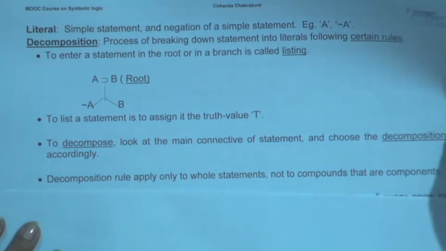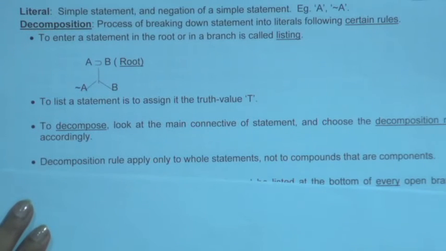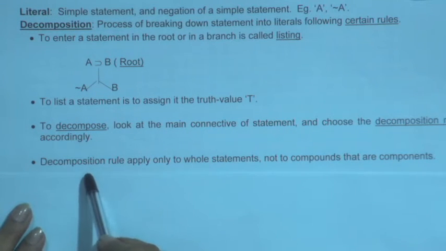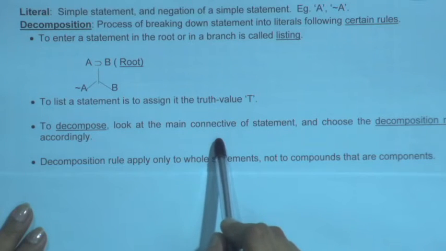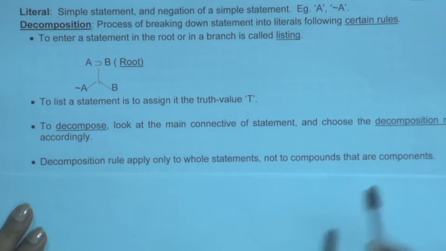Right now I am going to mention this, but in the next module perhaps I will explain it. Remember, the decomposition rule will apply to the whole statement and not to the part. This is another way of saying the same thing, that it will only apply to the main connective and not to the sub connectives. We will see the examples as we go along, but right now, as I said, I will briefly mention this. I will show with examples in the next module to carry the point forward better.